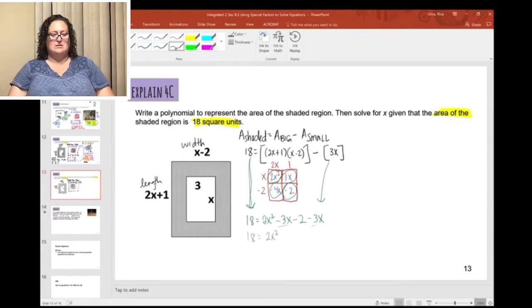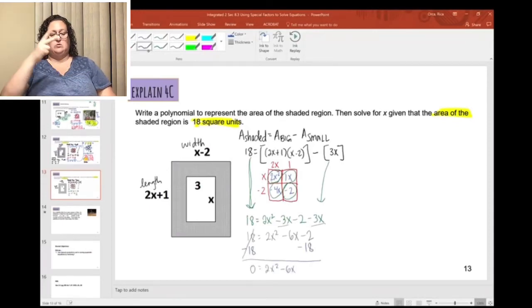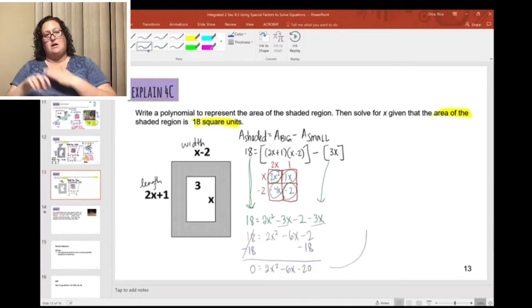Negative 3x minus 3x is negative 6x minus 2. Because this is a quadratic equation, set the equation equal to 0. Subtract 18 to both sides. And we get 0 is equal to 2x squared minus 6x minus 20.